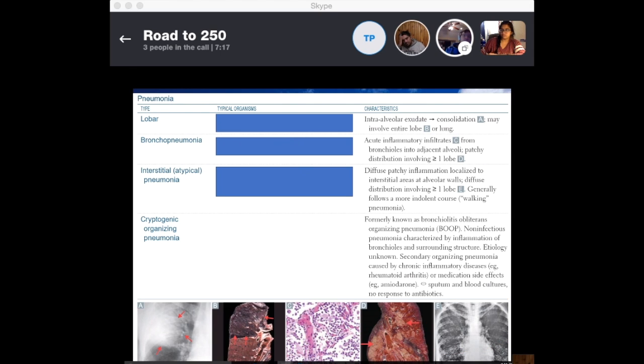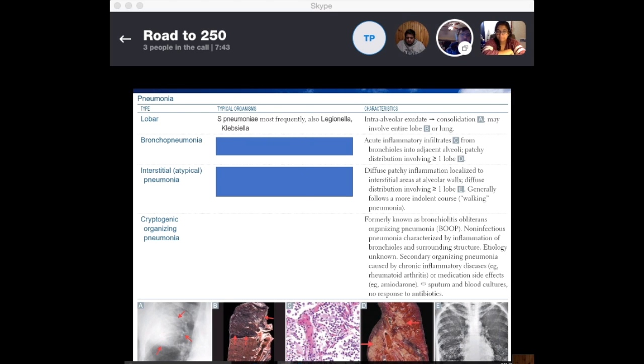So, do you guys remember what type of organisms we will see lobar pneumonia? Strep pneumo is the most common. What other ones might we see? Klebsiella. Yeah. We can also get Legionella, which isn't just treatment, it's in a different category, but you can't see lobar with Legionella.